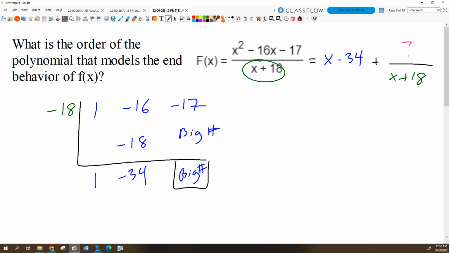Okay, we don't really care what that big number is on the top, right? Because when we take the limit, that term's going to go away.